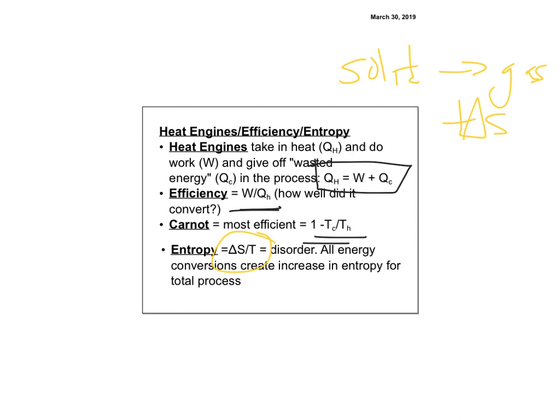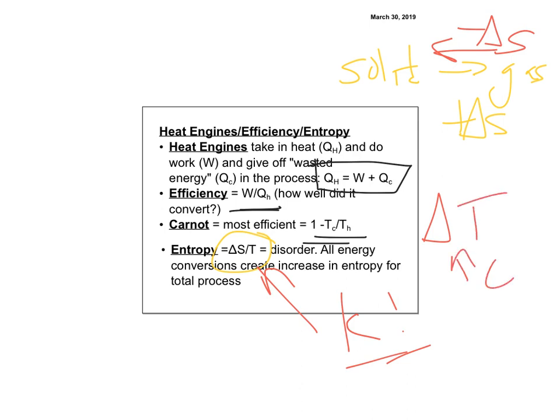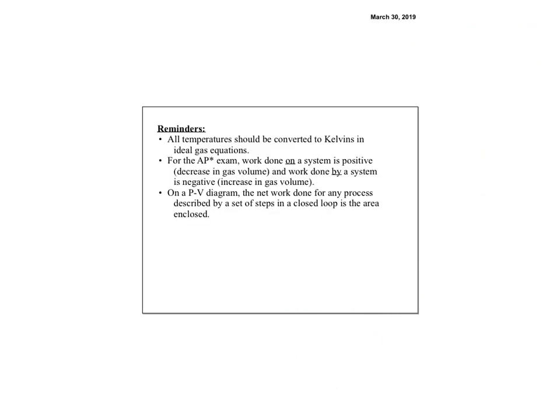And if I go gas to solid, then that would be a negative delta S. And there's no way to really figure that out unless you know what it's doing. And then remember that that T better be in Kelvin. The only T's you can do in Celsius is if it's a delta T. Delta T's can be in Celsius. Otherwise, if it's a T, remember, it has to be in Kelvin or it doesn't work.